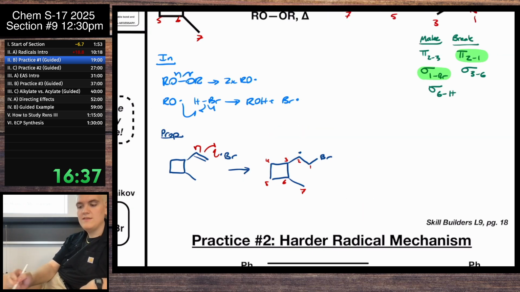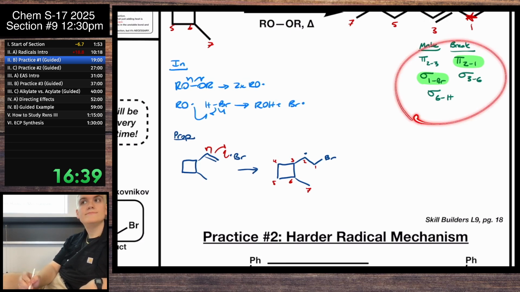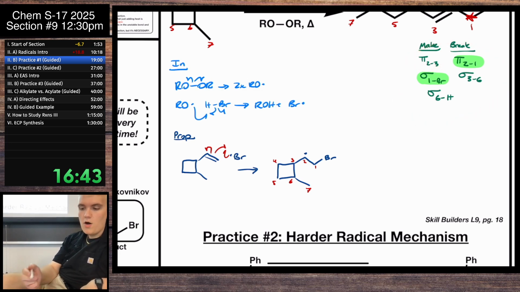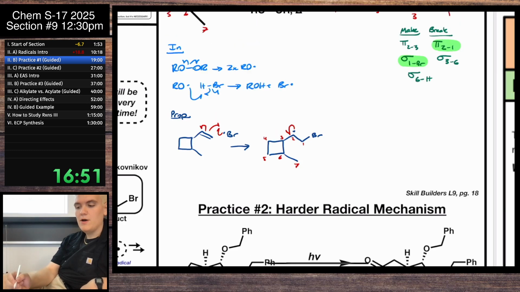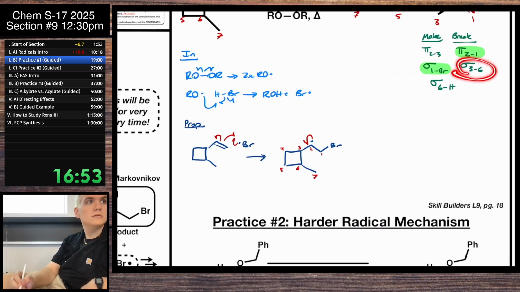So what goals involve 2? Yeah, the pi 2,3 bond. So already we know that one of the electrons is going to make a pi bond. But in order to get another electron, we have to break a bond. We only have one other bond that we're trying to break, the 3,6 bond.